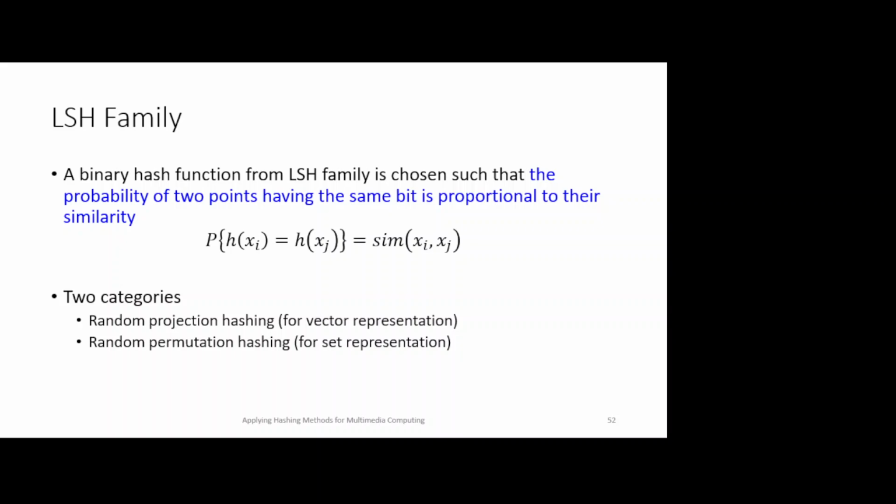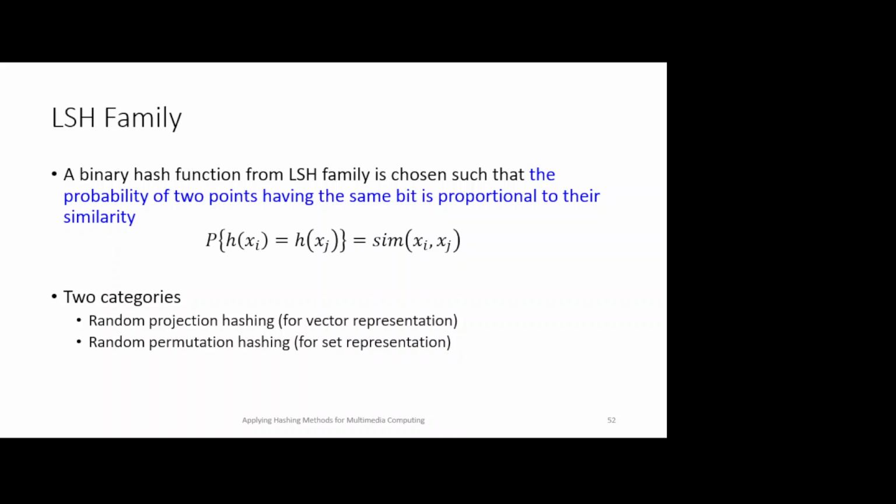In LSH we will generate a set of hash functions, and these hash functions have the following characteristic. The probability of two points having the same bits is proportional to their similarity.